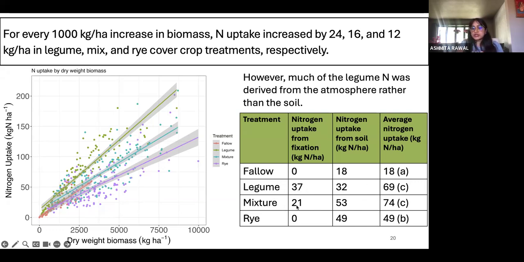And then in mixture, out of 74, this 21 kilogram is the contribution of legume, because this is the nitrogen that's been fixed from the atmosphere. And in this 53, this is the nitrogen taken up from soil by rye as well as legume in mixture. So legume, either in monoculture or in mixture, tend to fix nitrogen from the atmosphere more than the nitrogen retained from the soil.